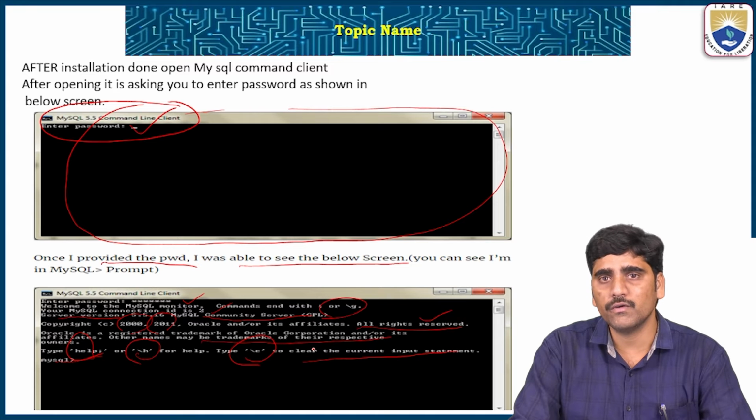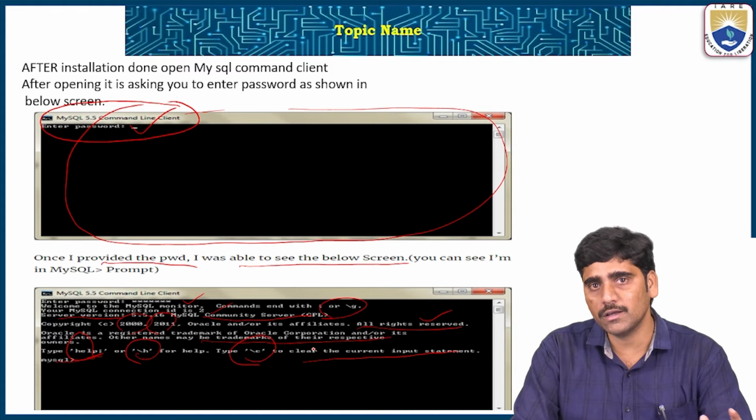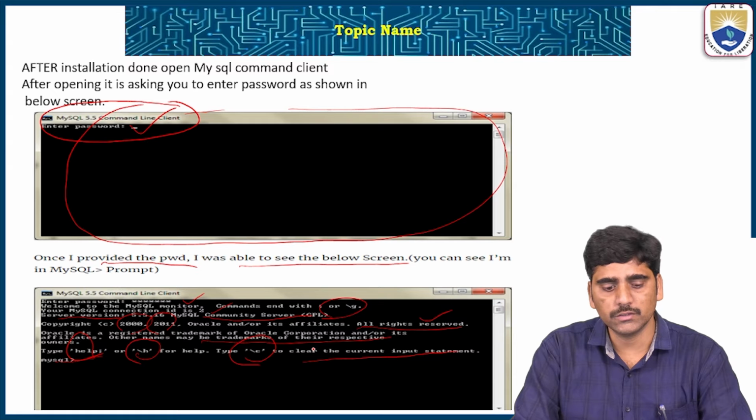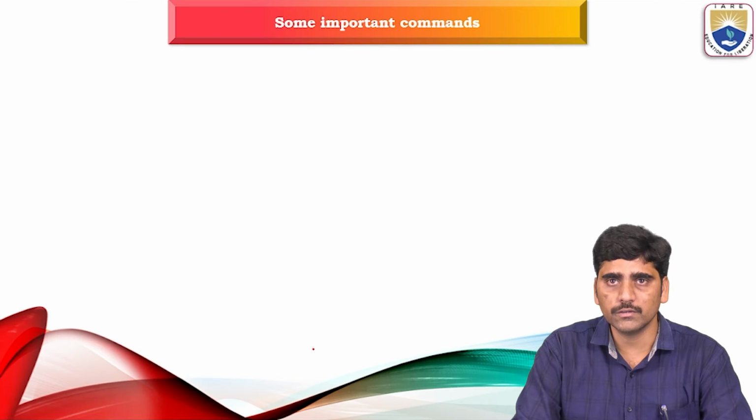Whatever help you want about some commands, you just type help or \h, and it will let you know about the commands. So this is all about the MySQL 5.5 installation and configuration process.